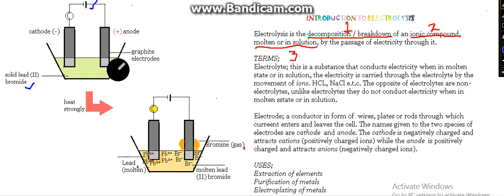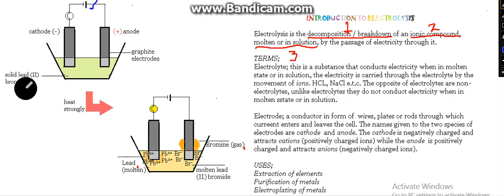For example, if you want to do an electrolytic cell with sodium chloride, table salt, if you put the cell and the wires when dry, nothing happens. But if you add some water, the water frees the ions in the sodium chloride, and enables it to conduct electricity. And this is what happens in this diagram.